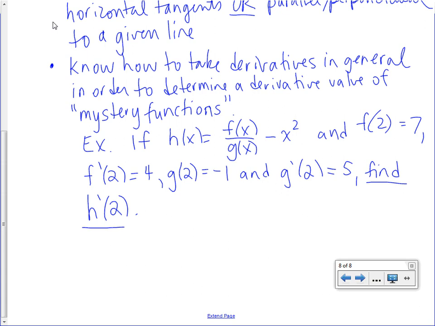If h at x equals f at x over g at x minus x squared, and f at 2 is 7, and f prime at 2 is 4, and g at 2 is -1, and g prime at 2 is 5, find h prime at 2.